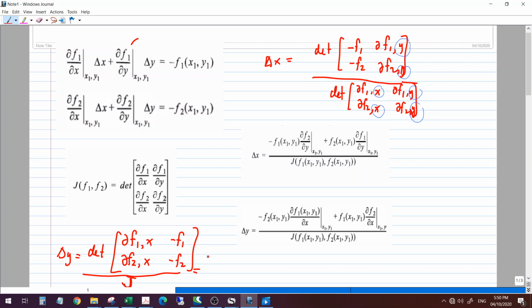Operating that, the determinant is processed like this: this one minus this one.